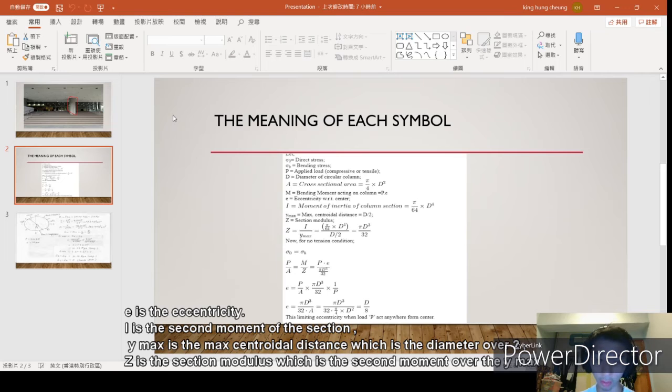Z is the section modulus, which is the second moment over the Y max.